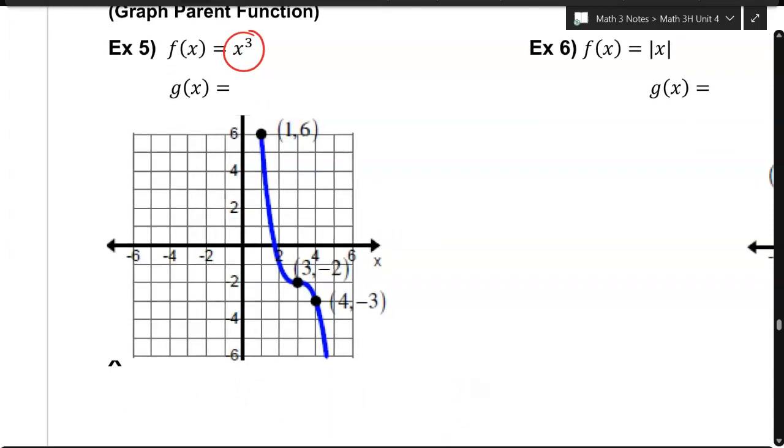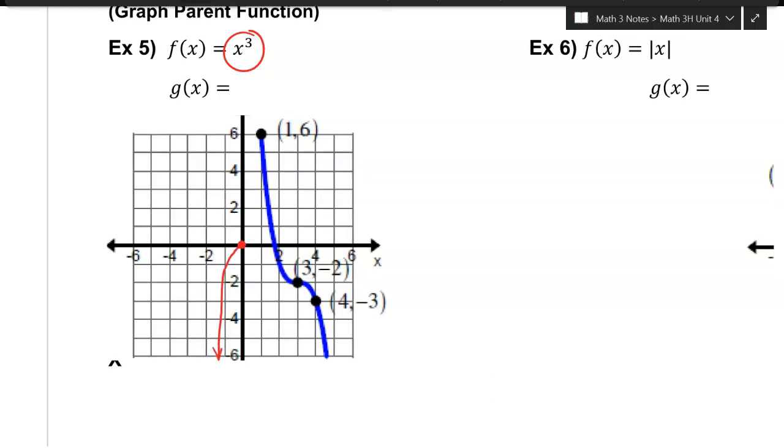So remember, x to the third starts at 0, 0, and it goes down on the left and up on the right. So we're wanting to see where from 0, 0 did we get that new point, that 3, -2. So it looks like we went to the right 3 and then down 2.